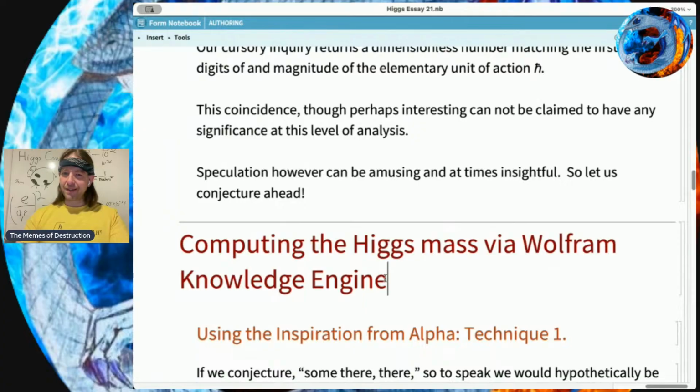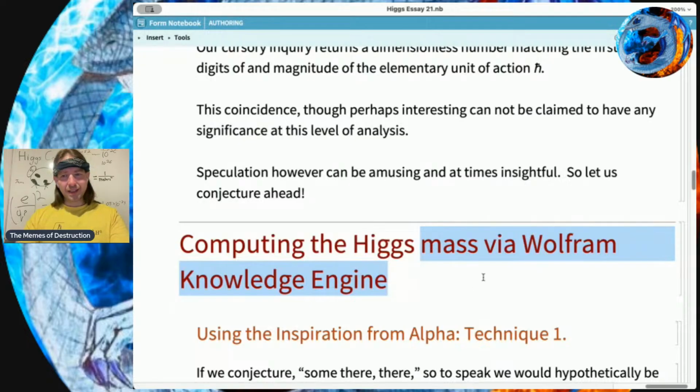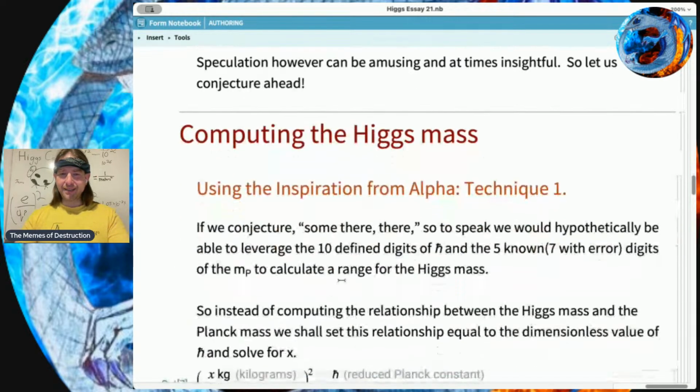Feeling the Higgs mass. We'll delete that.